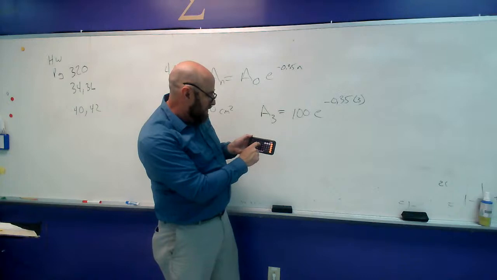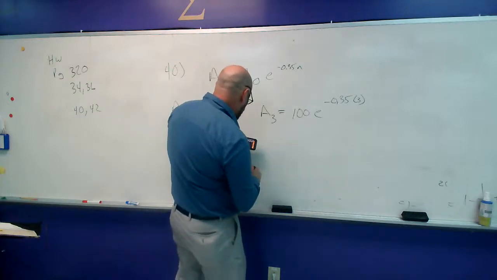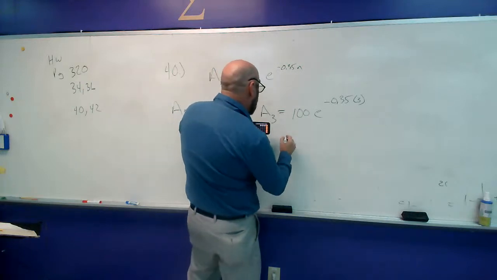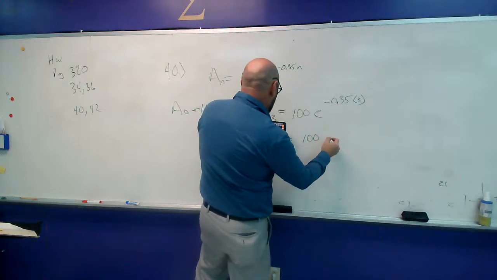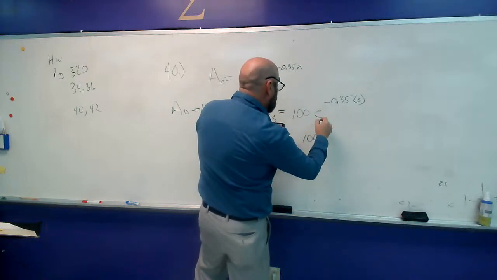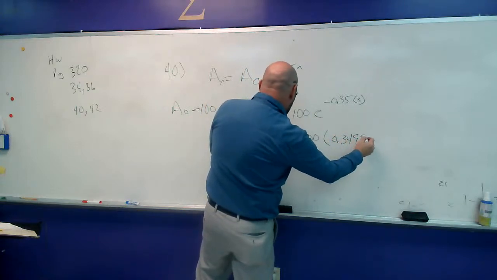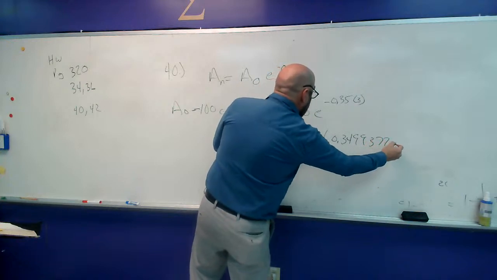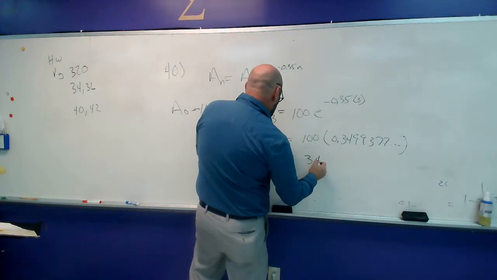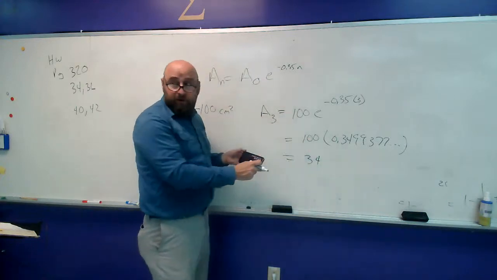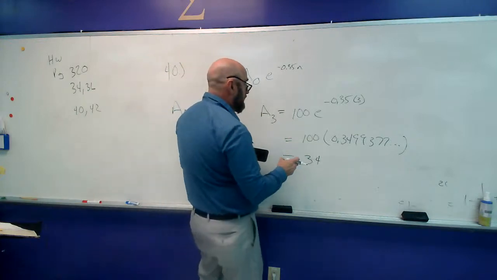And then I go e to the x, and this value here is 0.3499377. I didn't multiply the 100 yet.